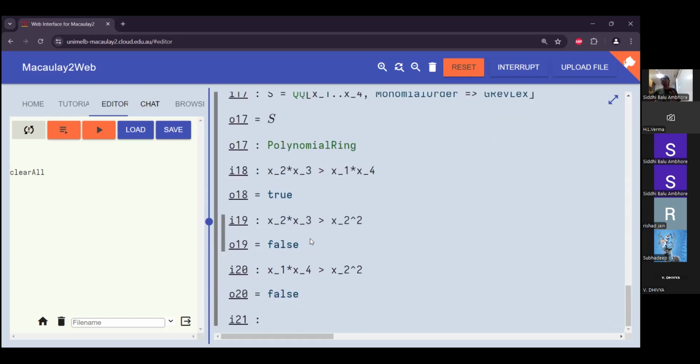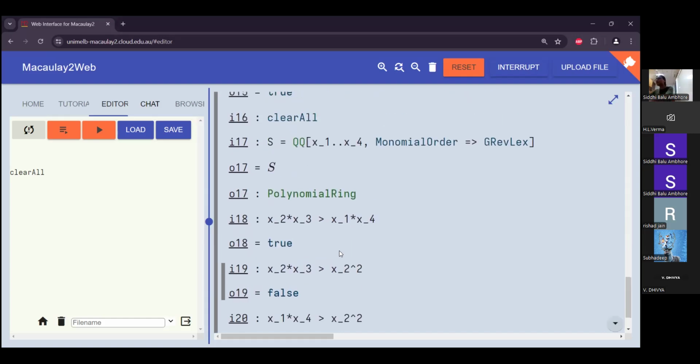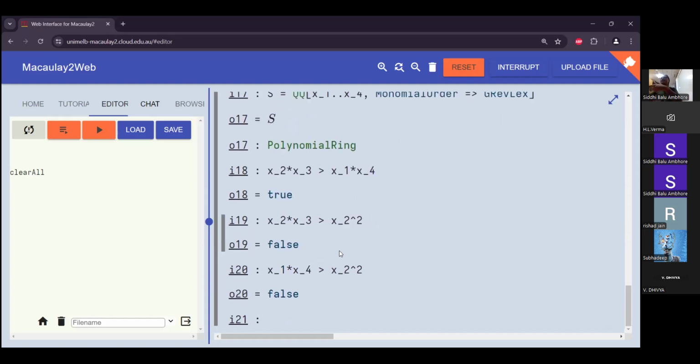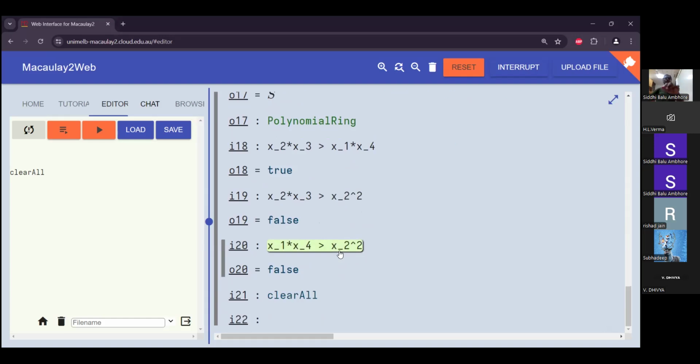Apart from this, I will just tell you the command for graded lexicographic order, though we do not have to do it for this question, just for the sake of completion. This command worked fine in Macaulay 2. Great.